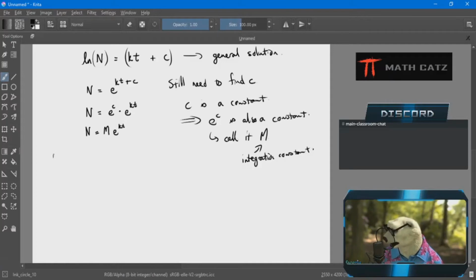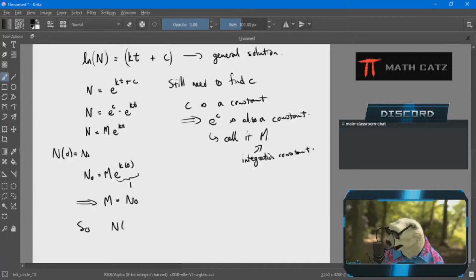So now I'm going to use the fact that at time 0, I have an initial population n0. So that is what goes in place of my population size, and time is 0. So I put that in place of time. Now e to the 0 is just 1, so that means that my integration constant is the initial population size.